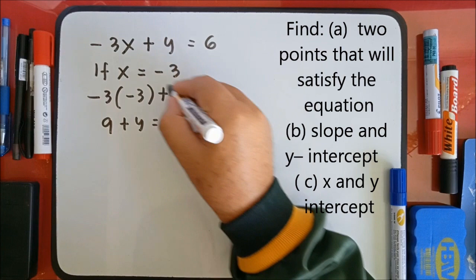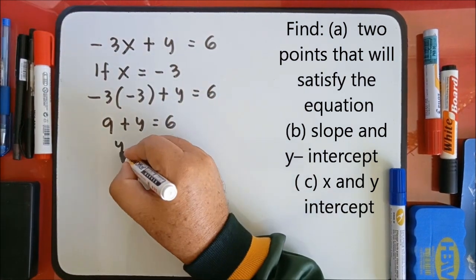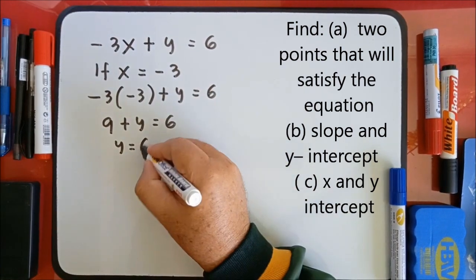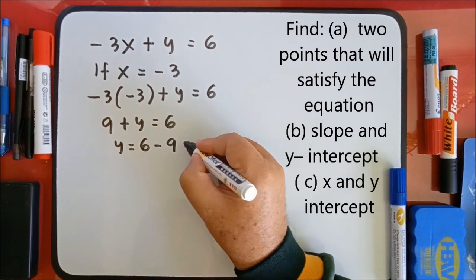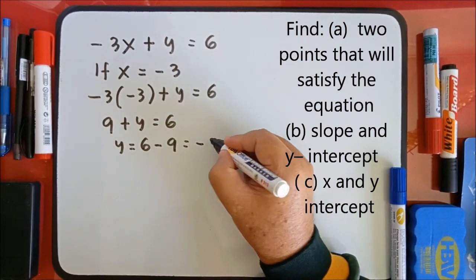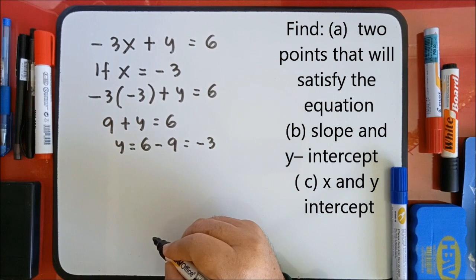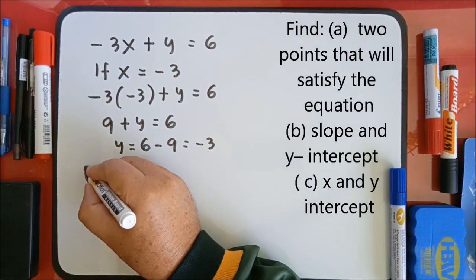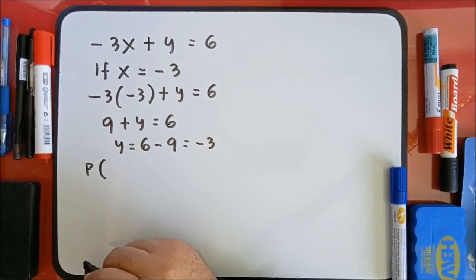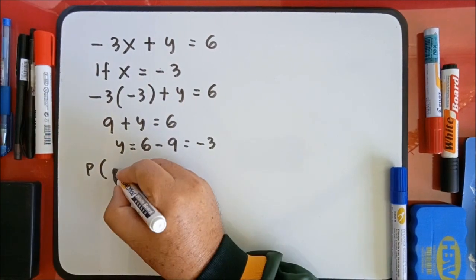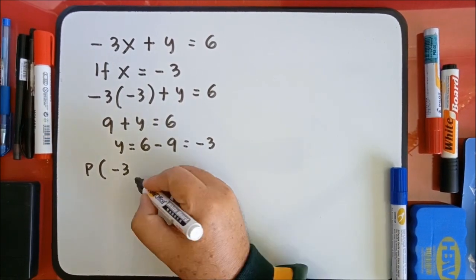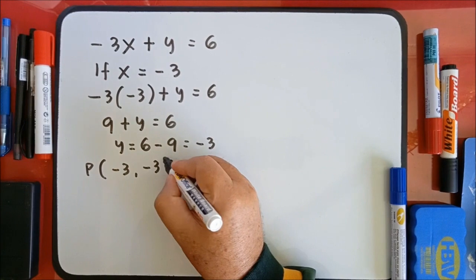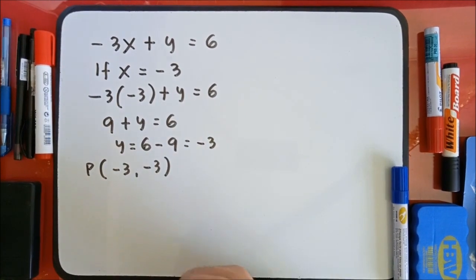Then, transpose 9 to the other side of the equation, so only y remains. 6 minus 9 will become negative 3. Therefore, your point is x negative 3, y negative 3. This is your 1 point.